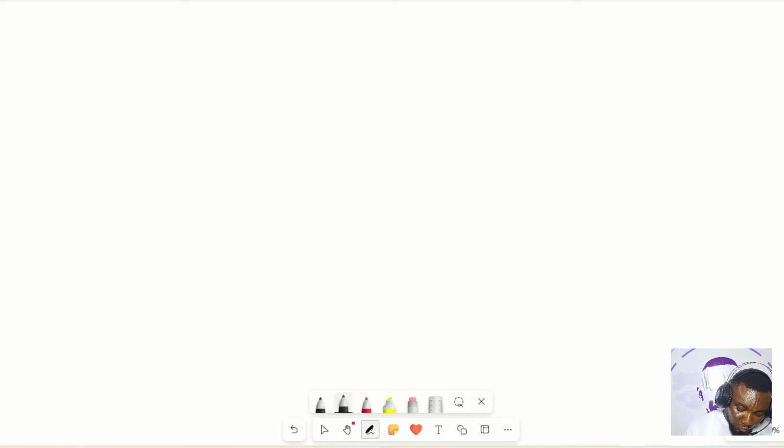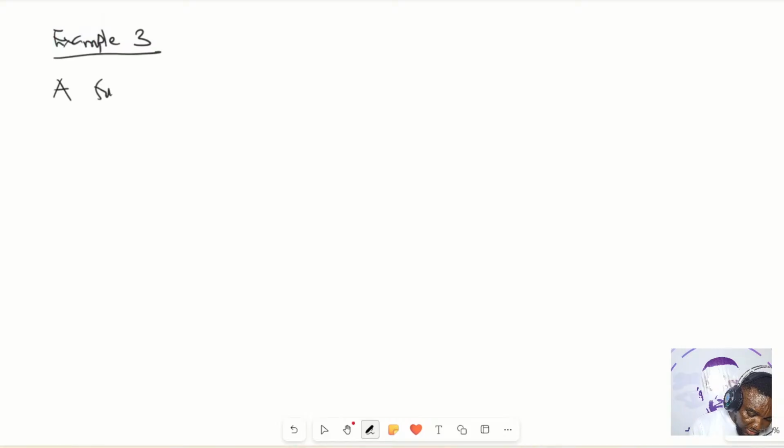So we would use some questions because we've looked at them already. So let's consider this as example 3. We are given a function f of x to be equal to x minus 1 all over x plus 3, right?